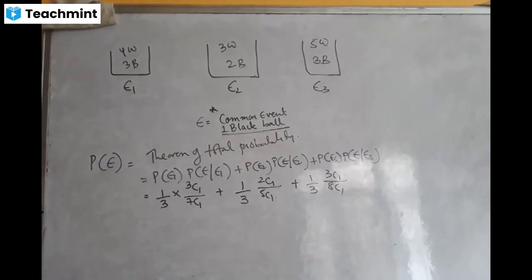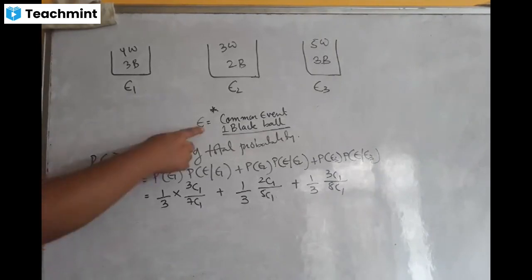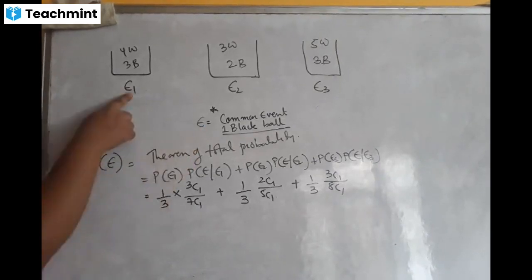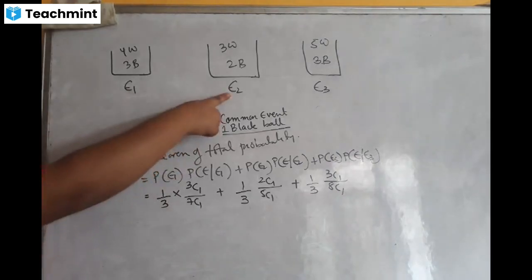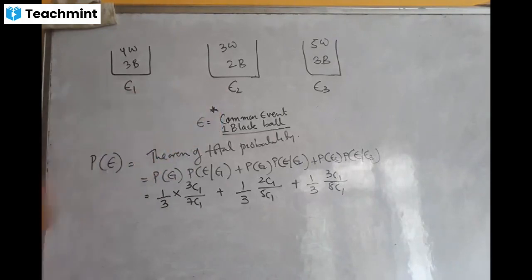Then the probability of the common event E will be given by probability of E1 into probability of E/E1, probability of E2 into probability of E/E2, and so on. Let me just explain.